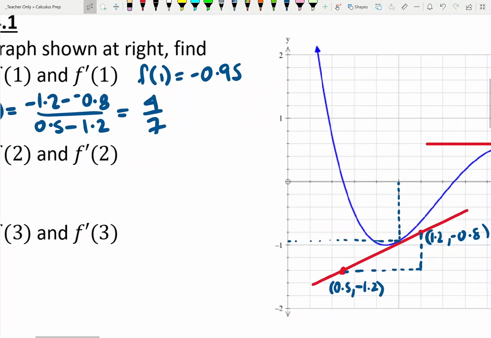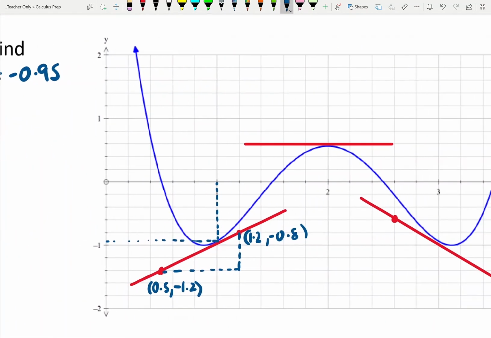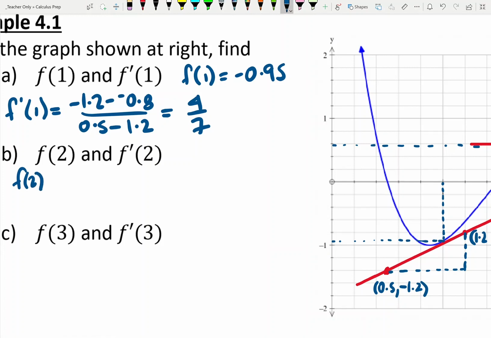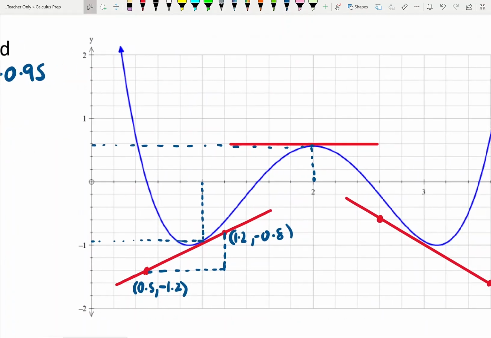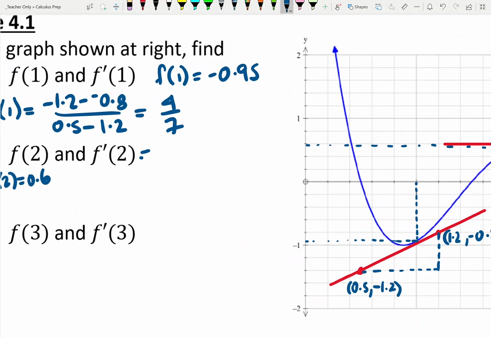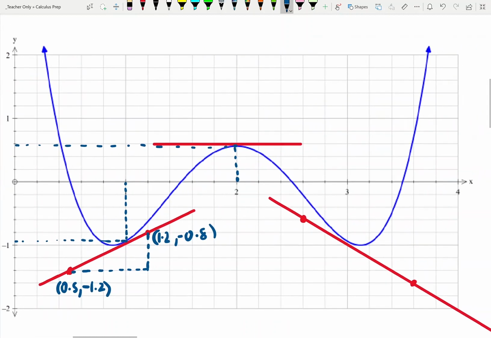For the next one, f of 2, here it is. The value of the function when x is 2 is approximately 0.6. So f of 2 equals 0.6. And the slope at 2, as best we can estimate by eye, appears to be horizontal. So the derivative at 2 is 0. The slope of the tangent at 2 is 0. Same with f of 3.